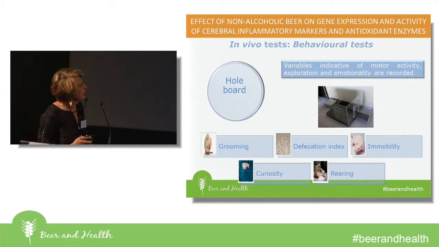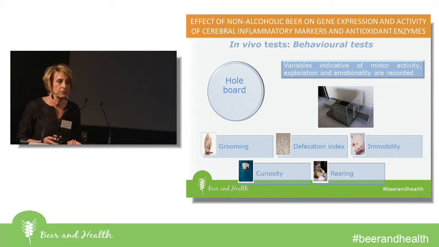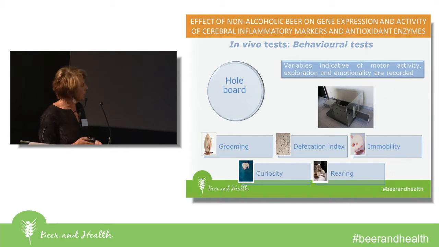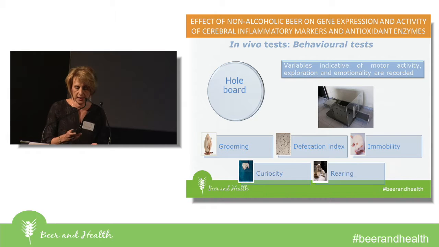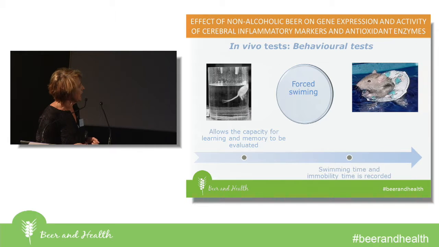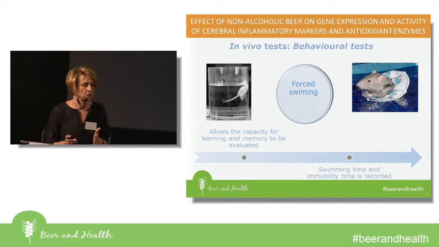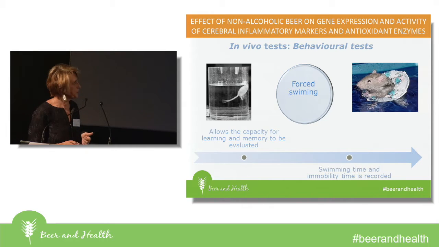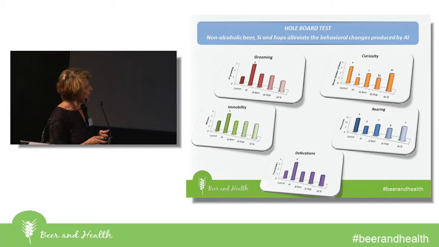The first one, the one with hole boards, allowed us to collect variables indicative of motor activity, exploration, and emotionality. This is how we adjusted grooming, defecation index, mobility, curiosity, and rearing. The forced swimming trial allowed us to evaluate the capacity for learning and memory of the animals depending on the time they spent swimming or not moving.